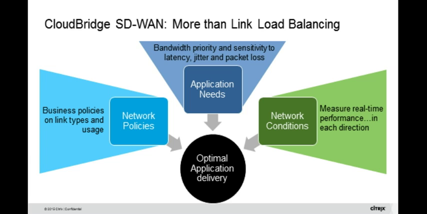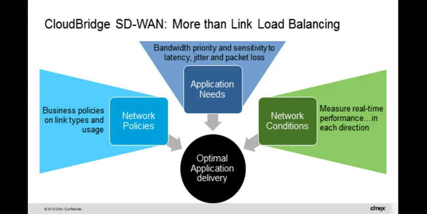Let's start with application needs. Applications have different sensitivities to latency, jitter, and packet loss. Certain applications like voice over IP need the lowest possible latency and, of course, a minimal amount of packet loss to ensure a high-quality connection, while other applications such as file downloads are less sensitive to any one of those conditions.